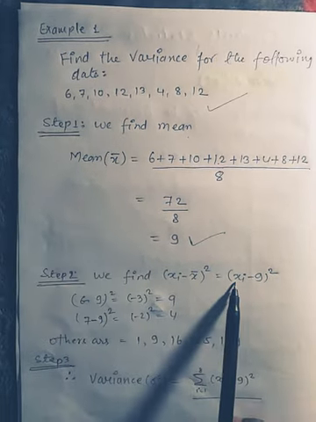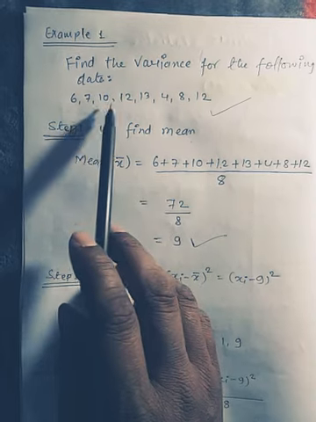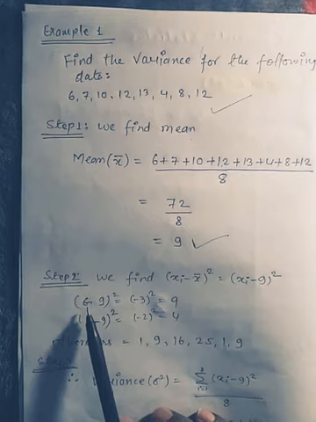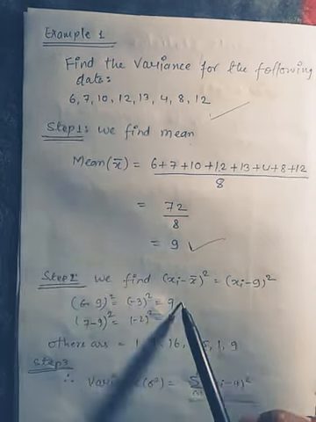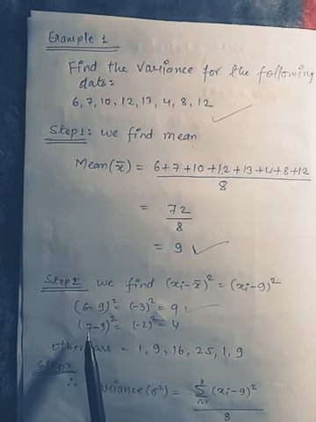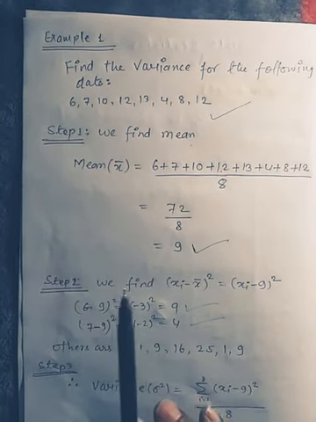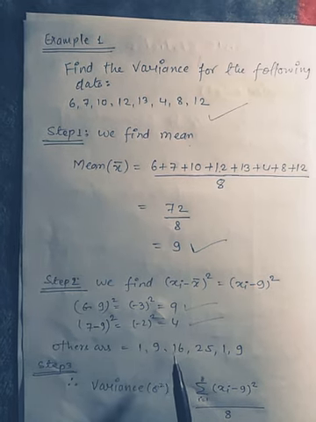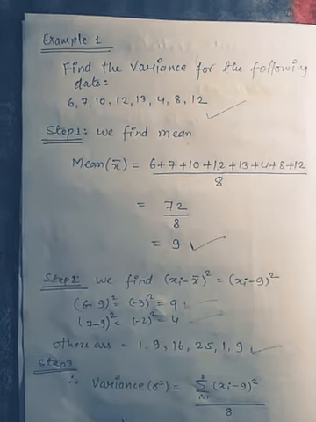If we put 6, we get 6 minus 9 whole square, which is equal to 9. Similarly, putting xi as 7, we get 4. Others in a similar way, we get 1, 9, 16, 25, 1 and 9 respectively.